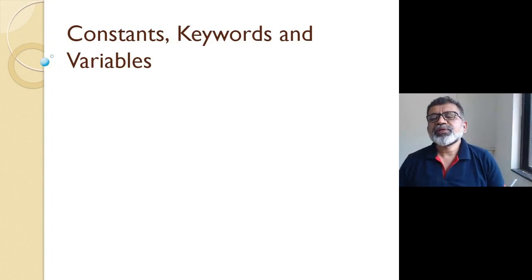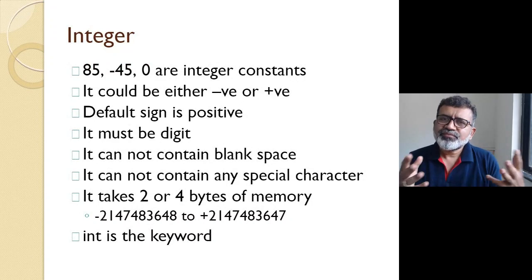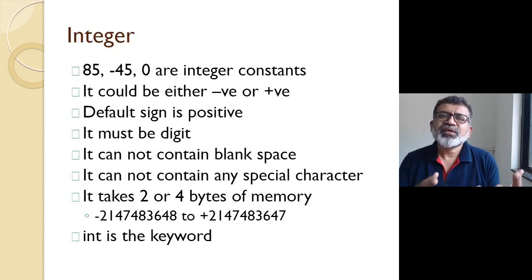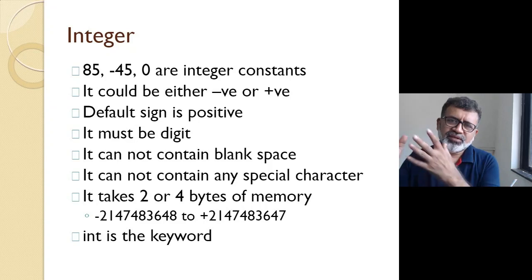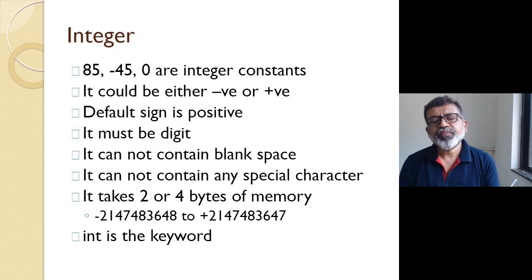So basically, there are three types of constants. Yesterday I told you primary constants and secondary constants, and again there are integer, character, float, right? And a lot of secondary constants like arrays, pointers, structures, like that, right?